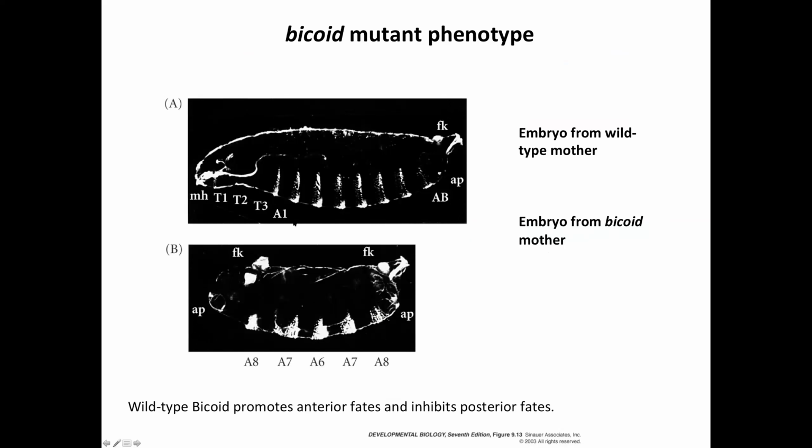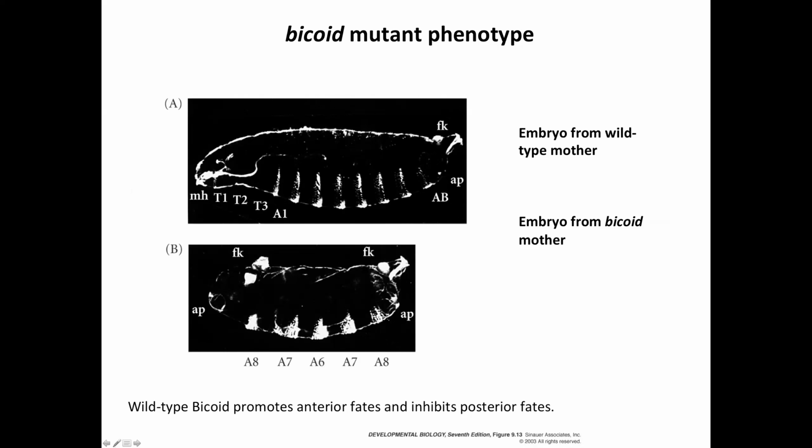So if you can see, this is the wild type. This is a cuticle prep of a first instar larva, and it has the mouth hooks, the segments T1, T2, T3, and the abdominal segments A1. If you see the bicoid mutant, it has all the later segments.